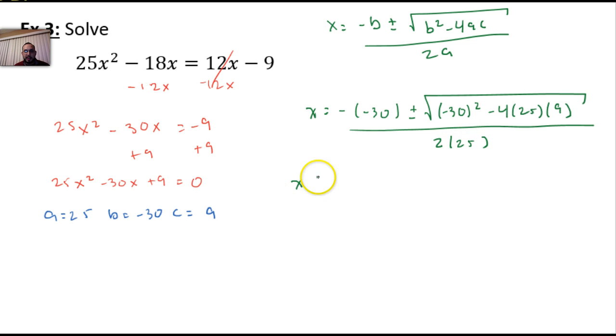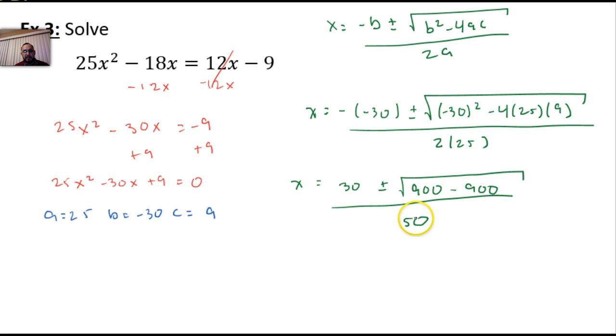So let's go ahead and start again with my discriminant, or whatever's inside my radical. I'm going to distribute these bad boys out. Negative times a negative is a positive. Plus or minus, well, the square root of negative 30 squared is 900. Cool. Negative 4 times 25 is negative 100. Negative 100 times 9 is negative 900. Awesome. And in the bottom, I get 50.